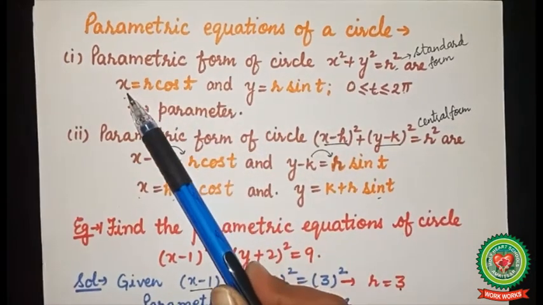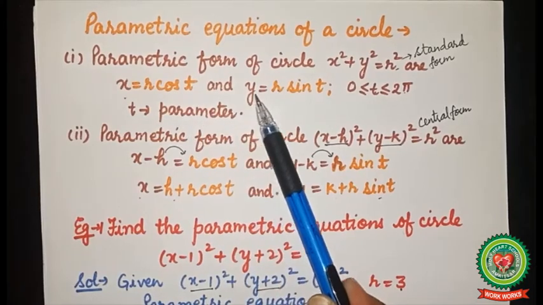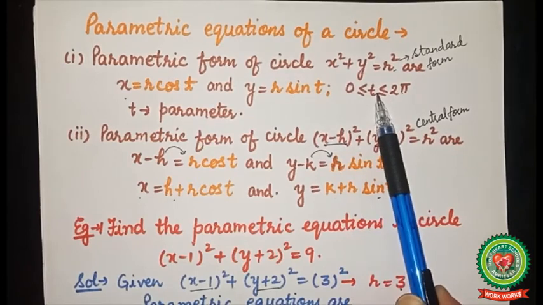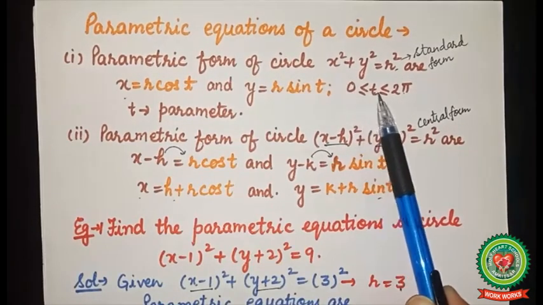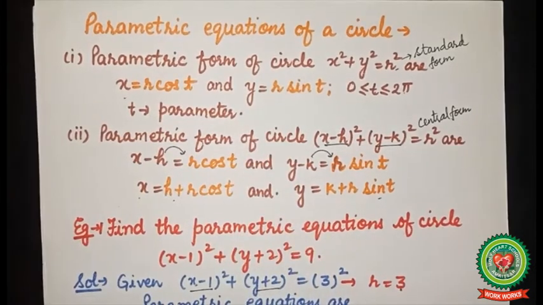So, equations are x is equal to r cos t and y is equal to r sin t, where t lies between 0 degree and 2 pi. So, value of t is 0 till 2 pi and t is the other parameter.